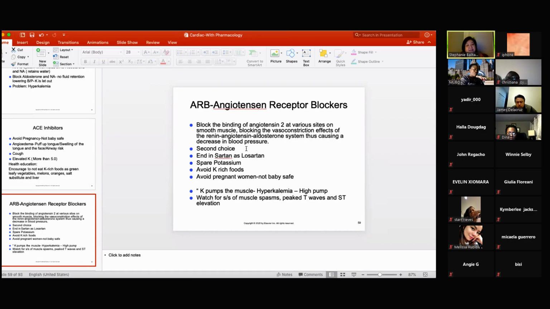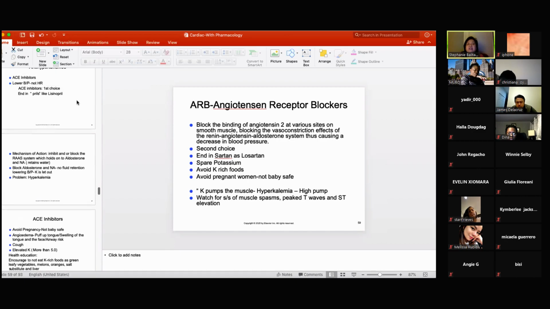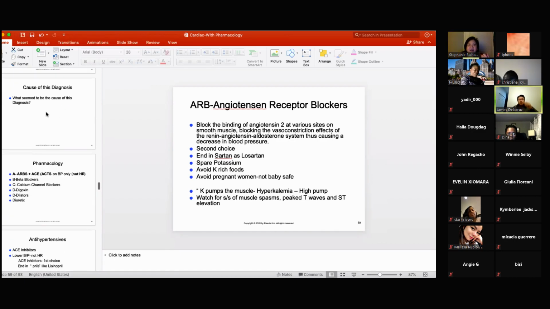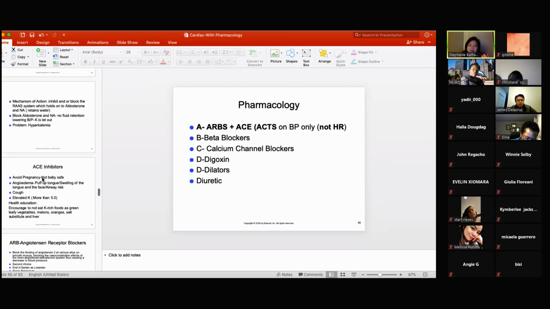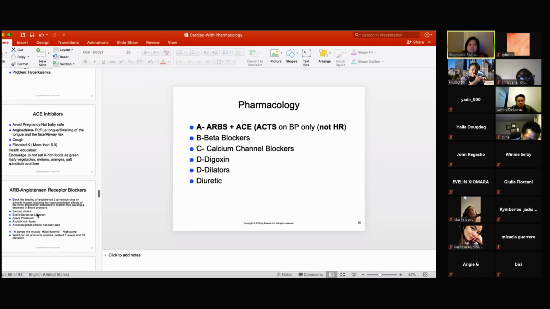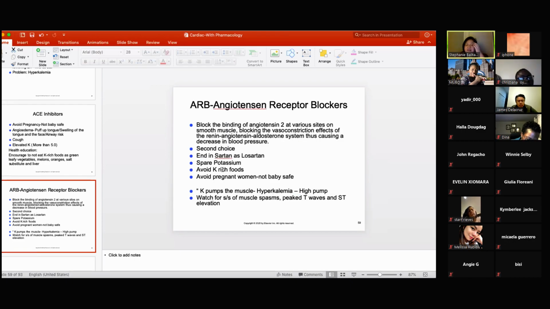They're always the second choice. The first choice in a treatment of heart failure is always your prils. If you see here, we put them together. But the very first choice is your prils, and then your ARBs are your second choice.